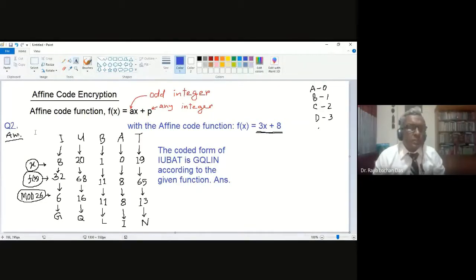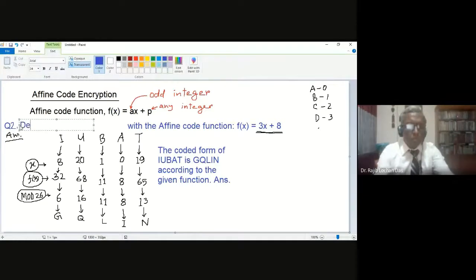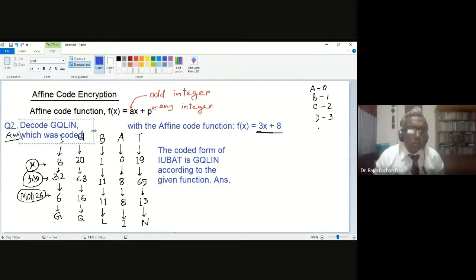So the question will be: decode GQLIN, which was coded with the affine code function.